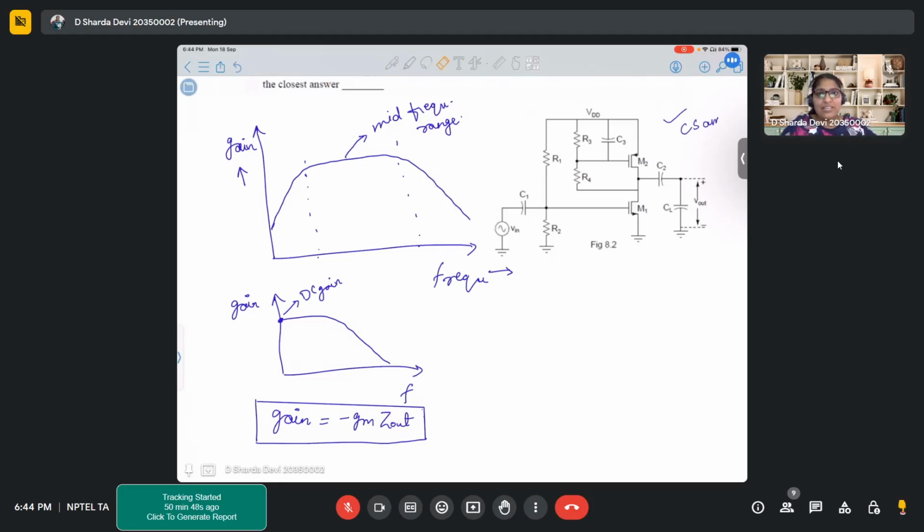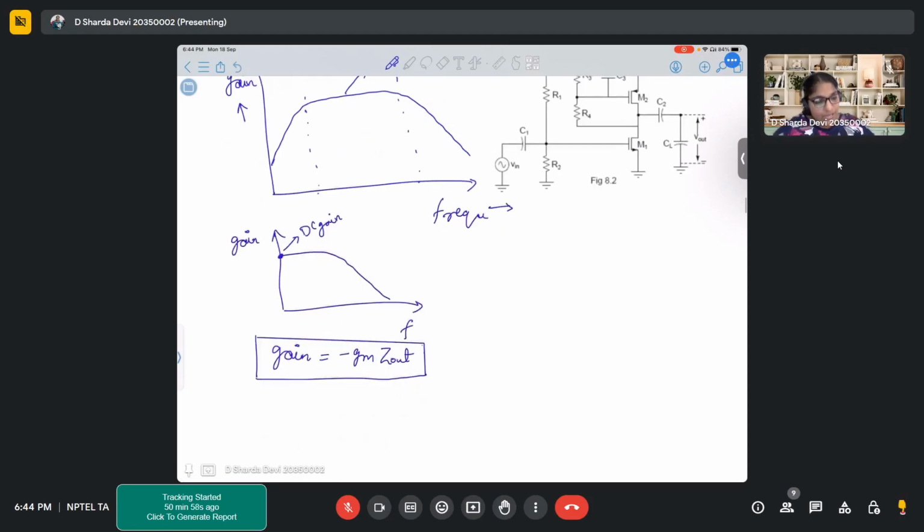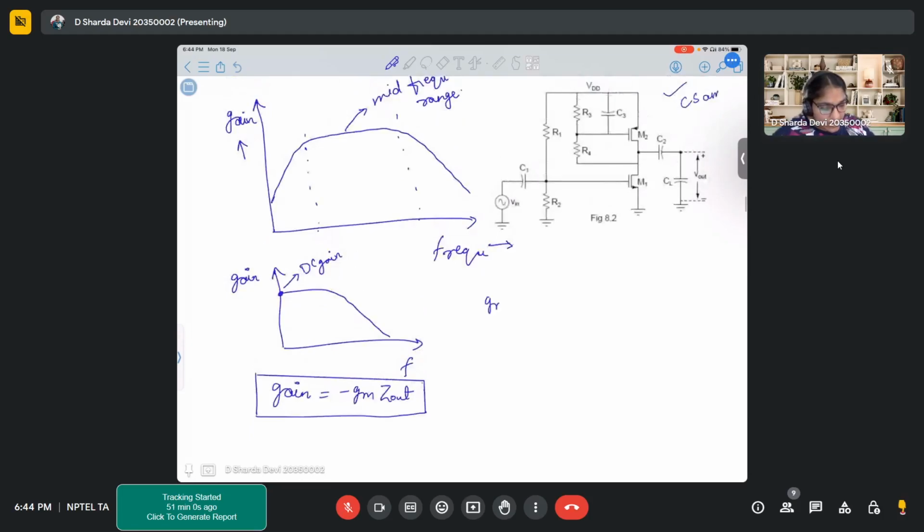So first thing that we have to find out is which transistor is actually getting my input. For that particular transistor, we'll calculate the gm, and Z out will be calculated accordingly. Here it will be gm1. M1 transistor is receiving the input, so it will be gm1. And the formula for gm is the product of mu Cox W by L and VGS minus VTH.